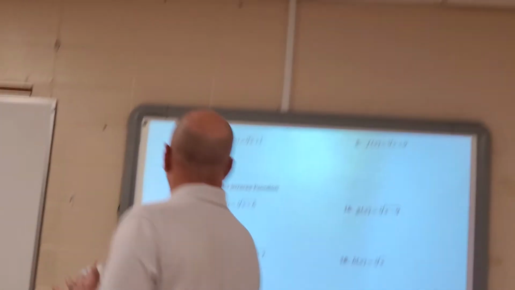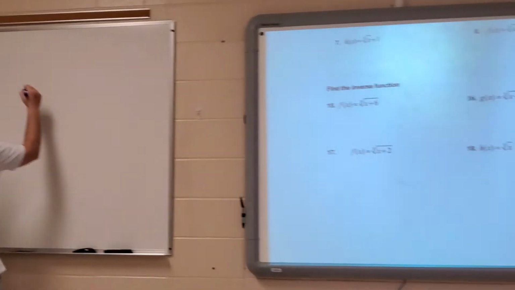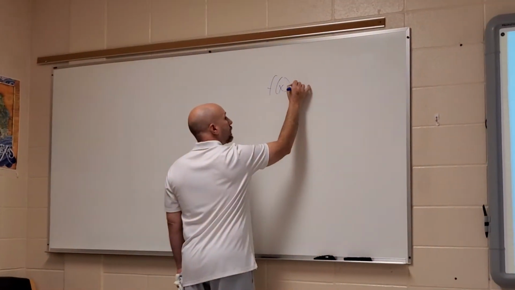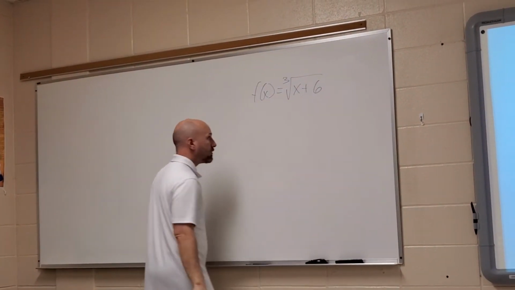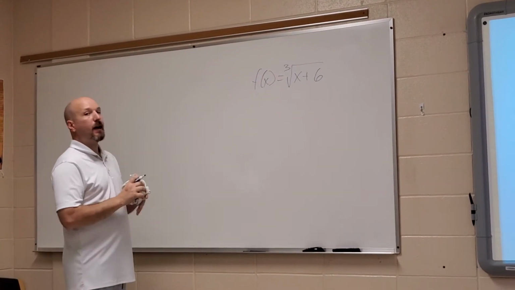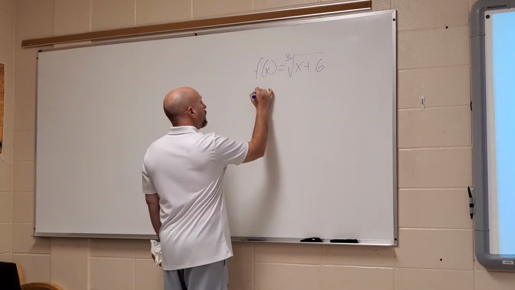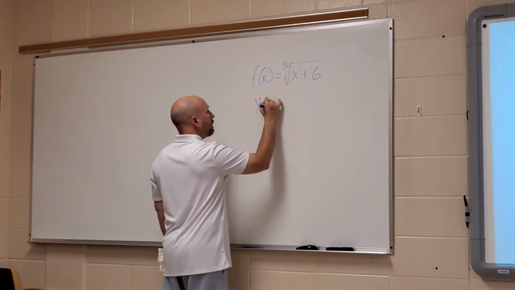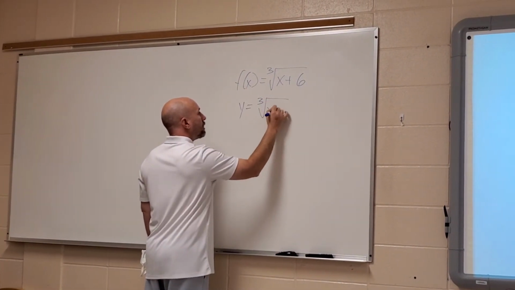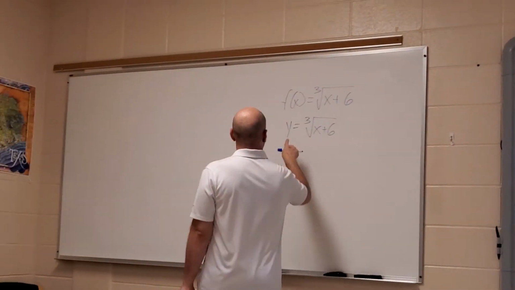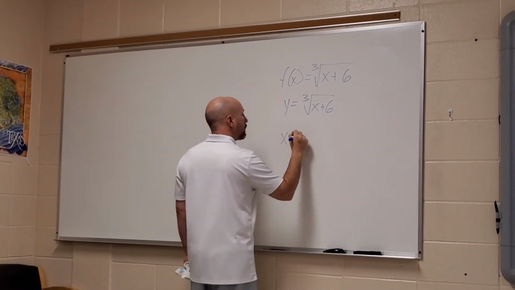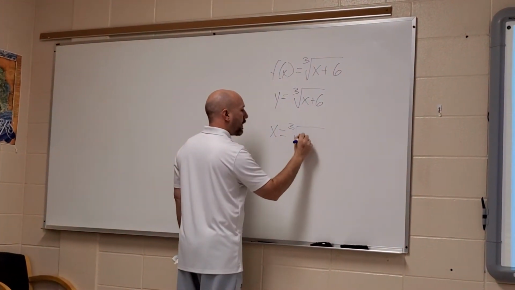So what we're going to do is, we're going to work number 15. F of x equals the cube root of x plus 6. And now it says to find the inverse of that problem. Well, remember, this is just y. And the rule is, if we're going to find the inverse, we swap y and x. So this y now becomes x, and this x becomes y.